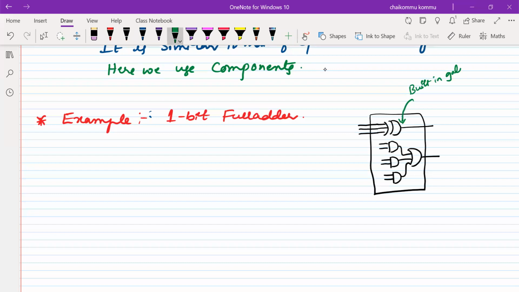Better we call it a primitive. So it is a construction from gate primitives or built-in primitives. But my requirement is that I don't want to use the gate primitives directly like this. I want to construct the full adder using half adders. So, 1-bit full adder using half adders.